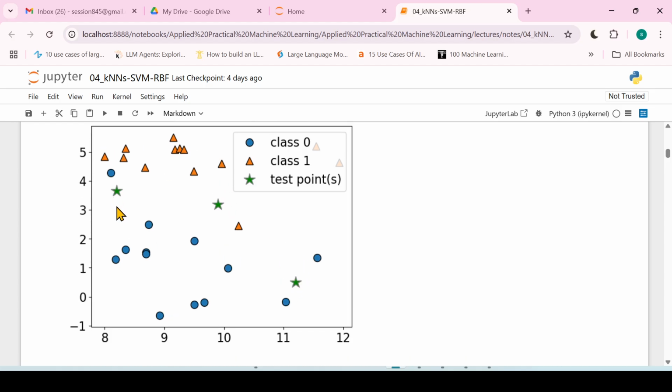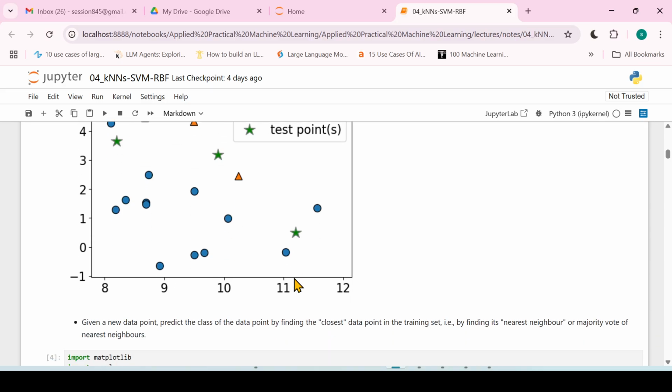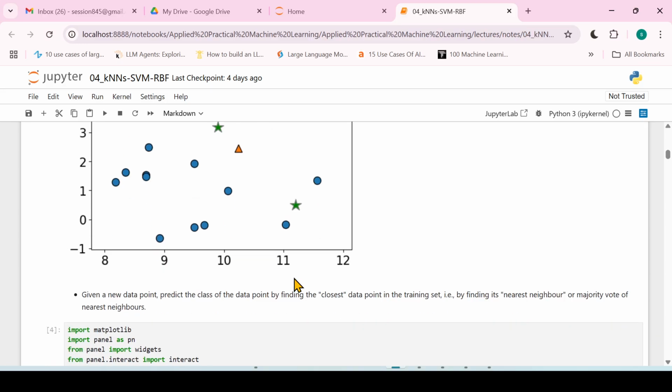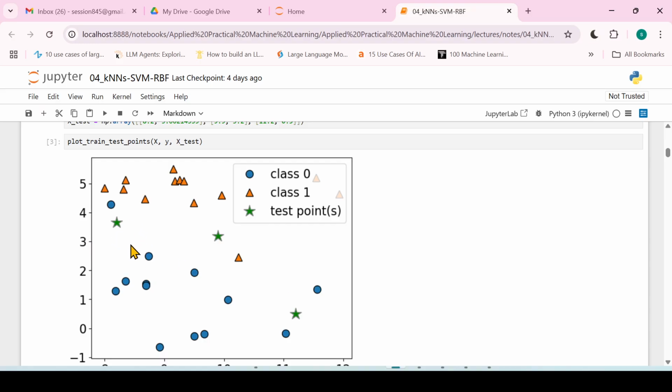Now to find the class, we'll find similar examples. To find a similar example, we'll say that if two things are close together, that means they are similar. This analogy will be used. That means we have to find which example is nearest to this star, which example is nearest to this one, and which example is nearest to this one.